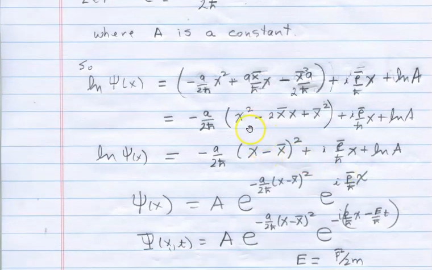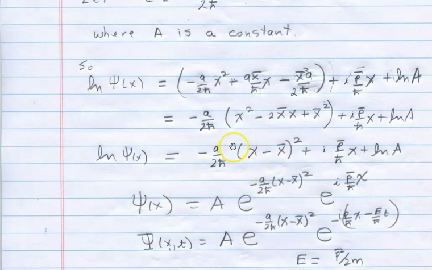And the reason I wrote it in that form was because this becomes a perfect square. So I get a minus a over 2 h bar, and this quantity is just x minus x bar squared, plus these pieces. And now I can exponentiate both sides. E to the natural log just gives me psi.